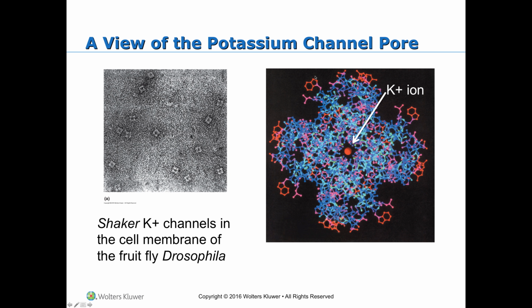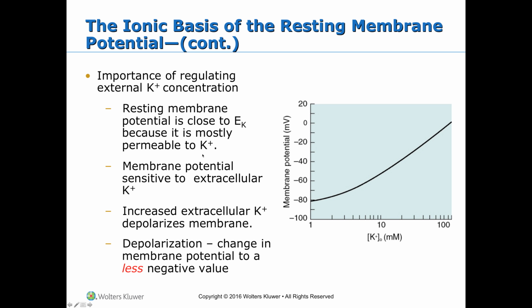So here is the overall protein structure of the channel pore. And this is looking at an electron microscope image of a Shaker potassium channel in the cell membrane of a fruit fly, Drosophila. Now, regulating that external potassium concentration is vital for physiological functioning.